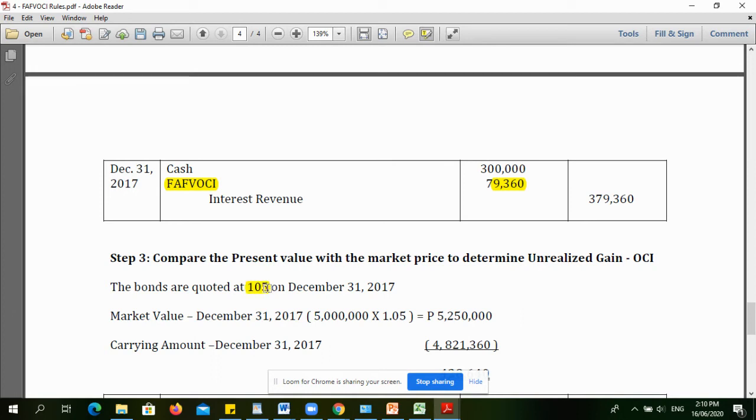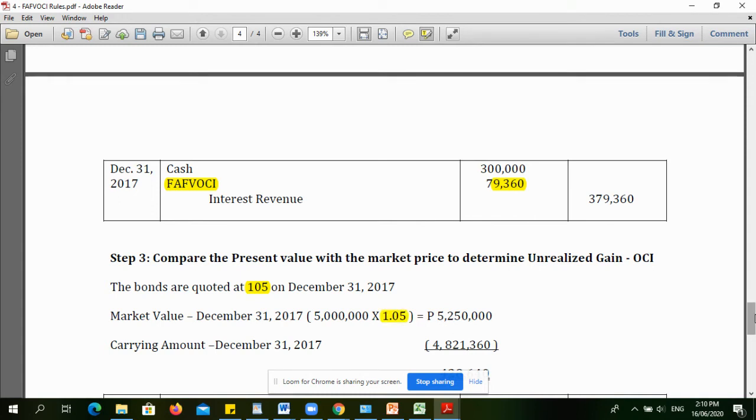So if it's quoted at 110, it means 1.1. Since it's 105, we multiply 5 million times 1.05, which equals 5,250,000.